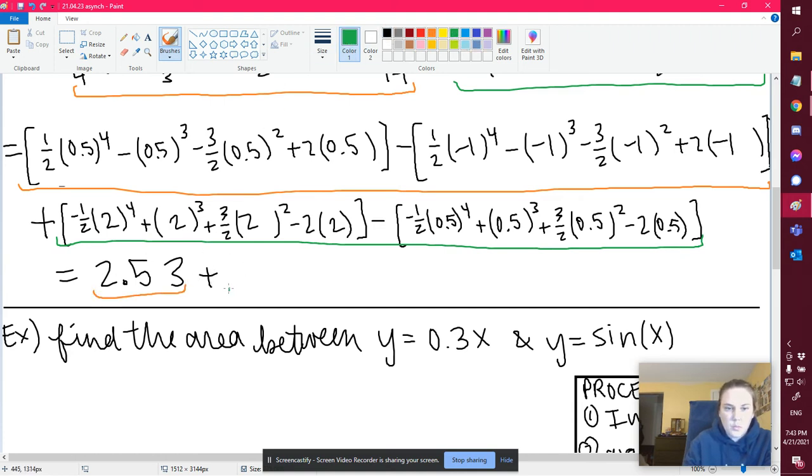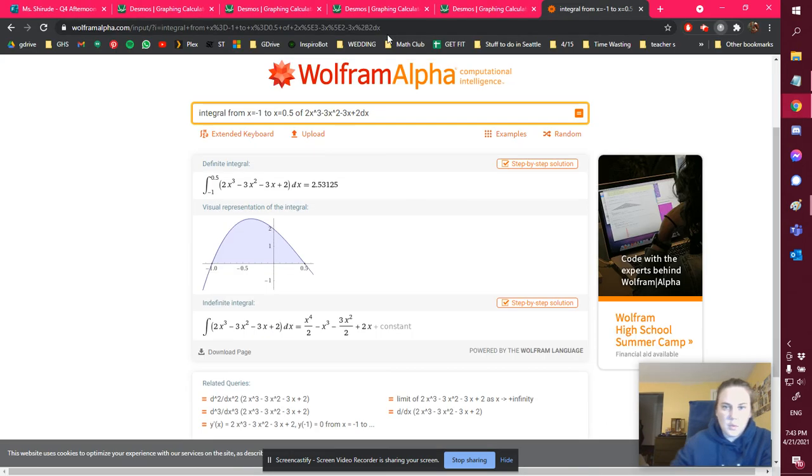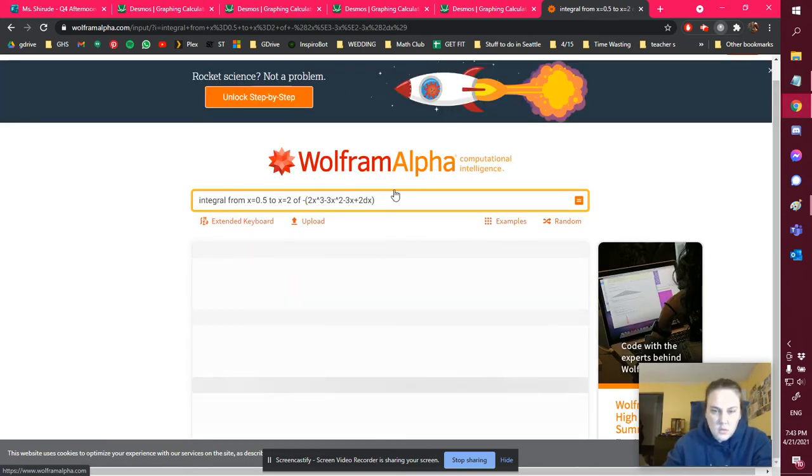And then the green one will be 0.5 to 2. That's the negative version of all of this. I think I did the parentheses wrong.